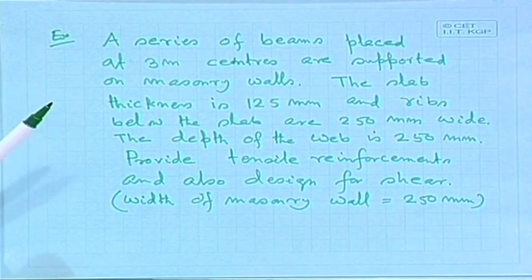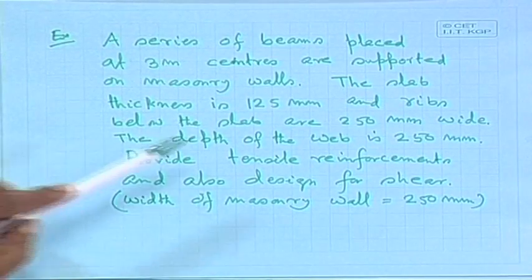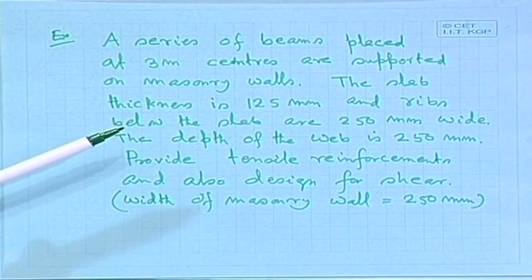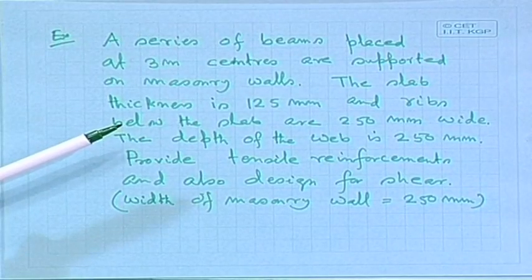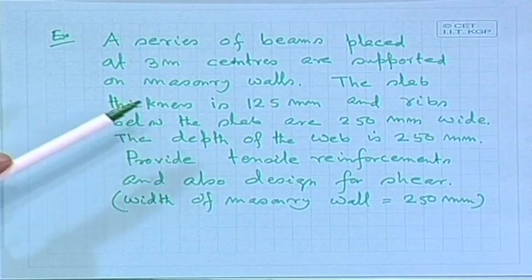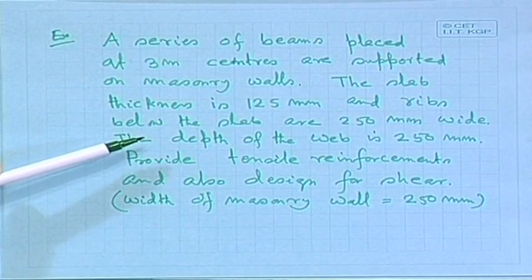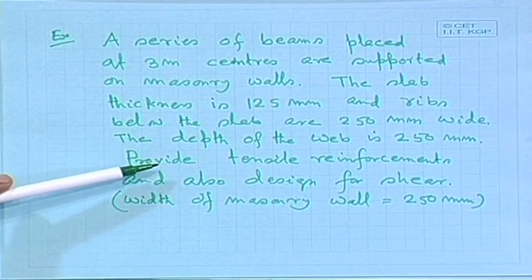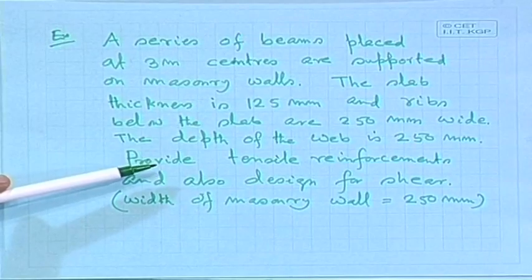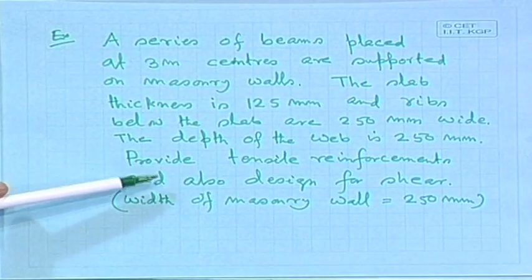So, we can take the slab thickness 125 millimeter, ribs below the slab that is width 250 millimeter and depth 250 millimeter.